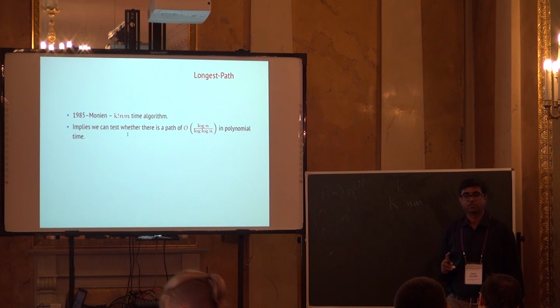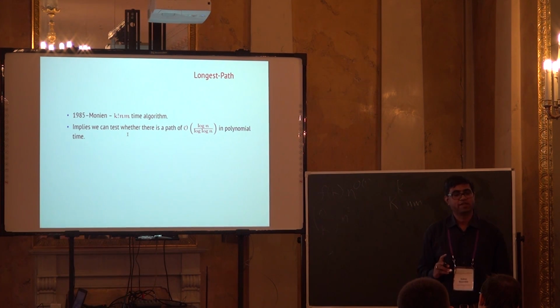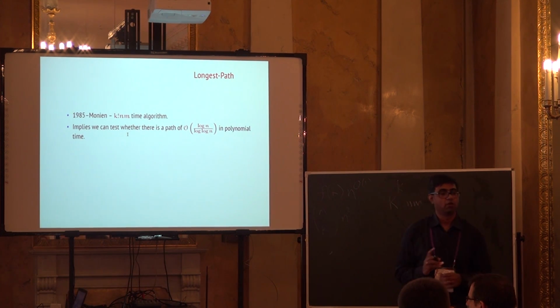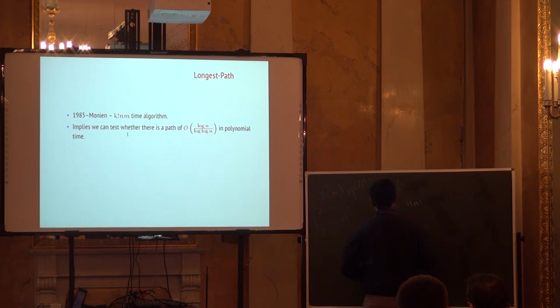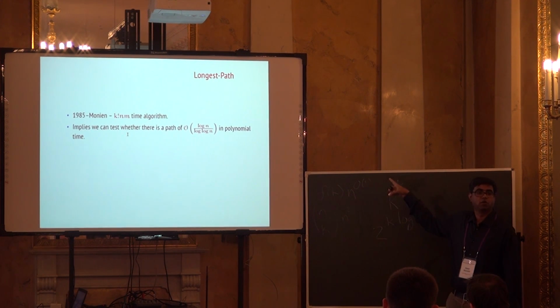Now, if I ask you a question, is there a longest path of size at least, say, log n divided by log log n? Then what happens? Here k is nothing but 2 to the power log k, so this is 2 to the power k log k.